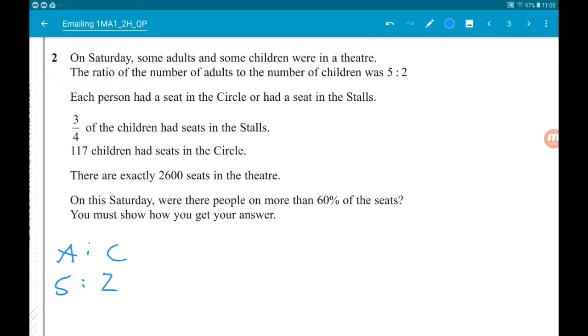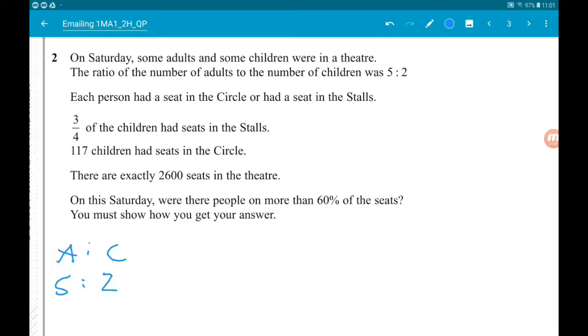So 1/4 of the children is 117. So from that, we are going to be able to work out the total number of children. We're told there are exactly 2,600 seats in the theatre. On this Saturday, were there people on more than 60% of the seats? We must show how we get our answer.